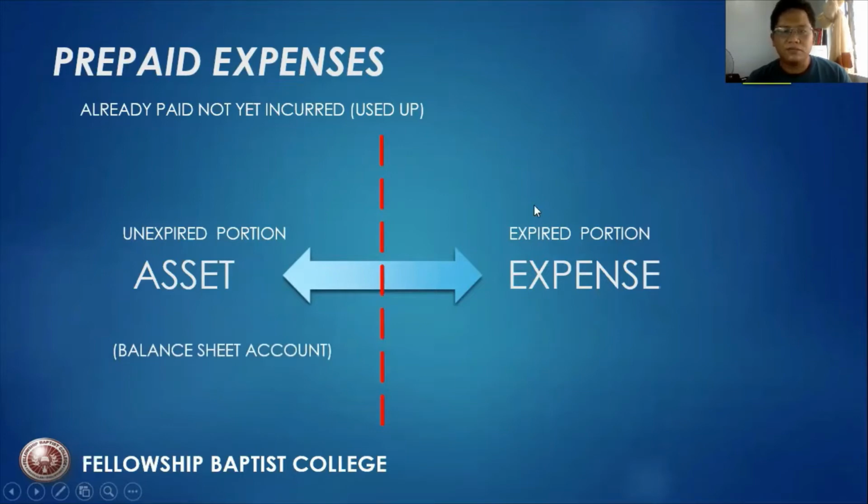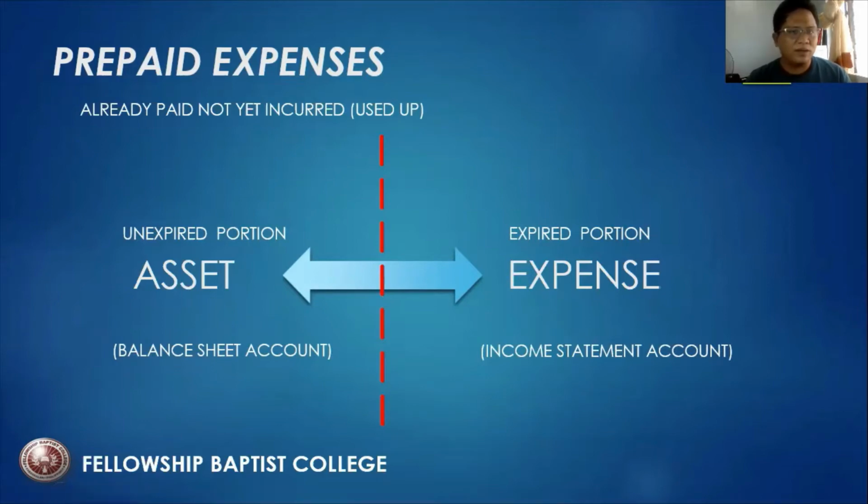If that portion is not yet expired, it's an asset and it should go to our balance sheet. And the portion that has already expired is an expense that must be shown in the income statement.